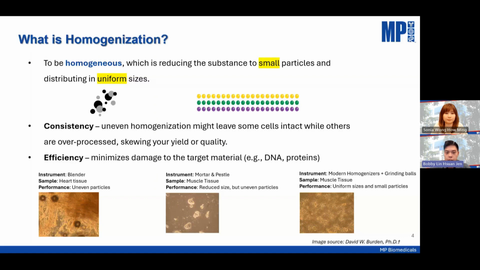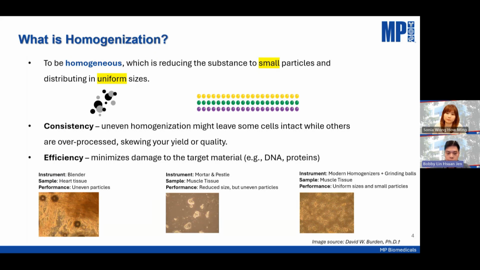Uneven homogenization will leave some of the residual cells either too big or too small, and that may skew your downstream results, such as your yield or your DNA, RNA purity. And the second concept is efficiency. Sometimes when we are over-processing or over-shearing our DNA, that may cause certain damage to our target materials, and they could be either our DNAs or our proteins.